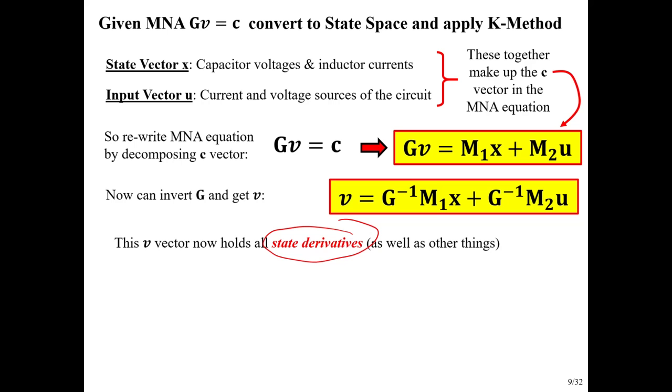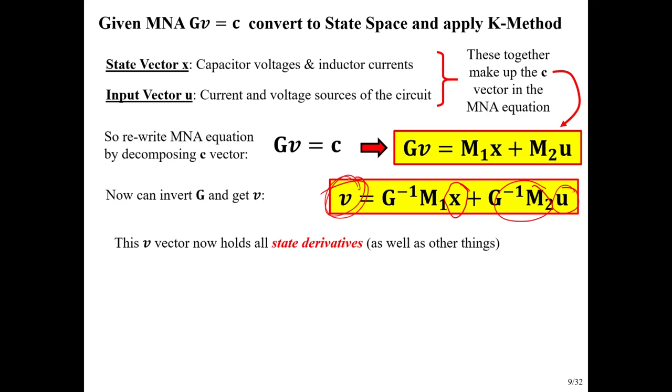Remember, we're trying to write the state equation for this circuit: state derivatives equal to stuff. So here, our state derivatives equal a matrix times the state vector plus a matrix times the input vector. That's almost the form for our state equation, right?